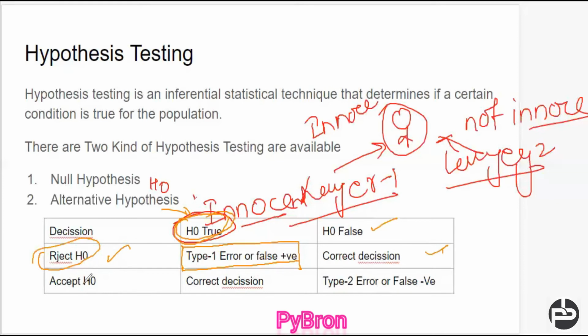Then again, coming to accepting the null hypothesis, means the person is innocent and you accept that null hypothesis, then it's a correct decision, right? The person is innocent and the lawyer also accepted that he is an innocent person, then it's a correct decision, right? So that is fine.